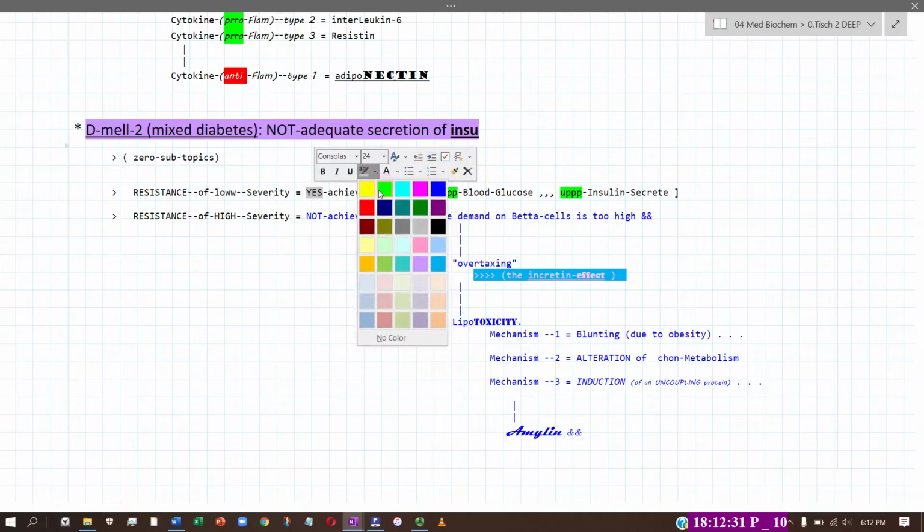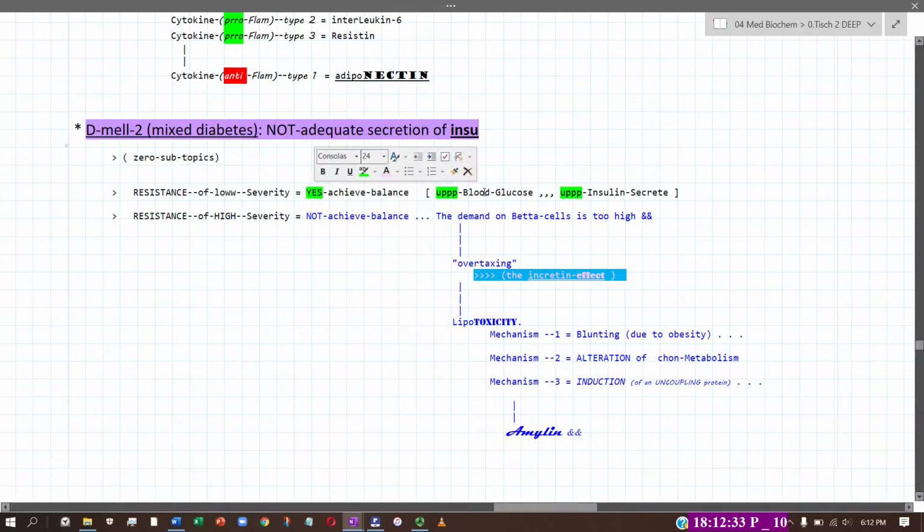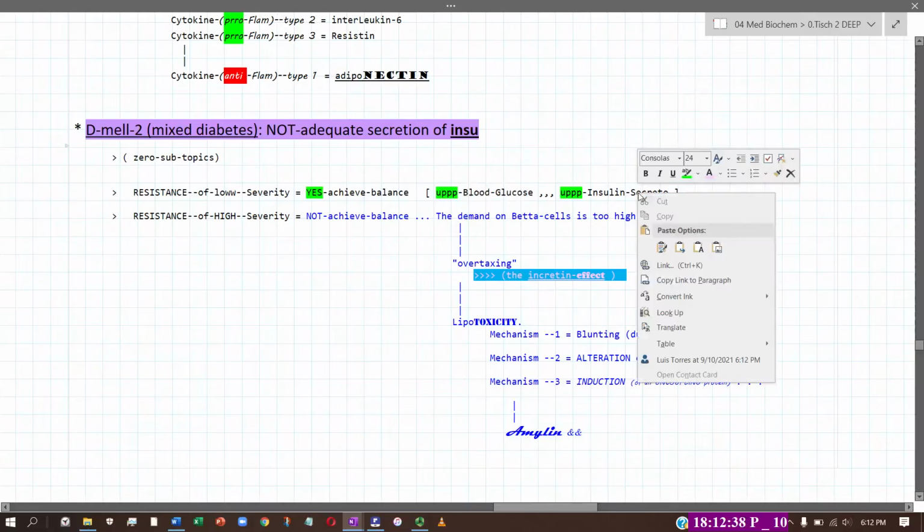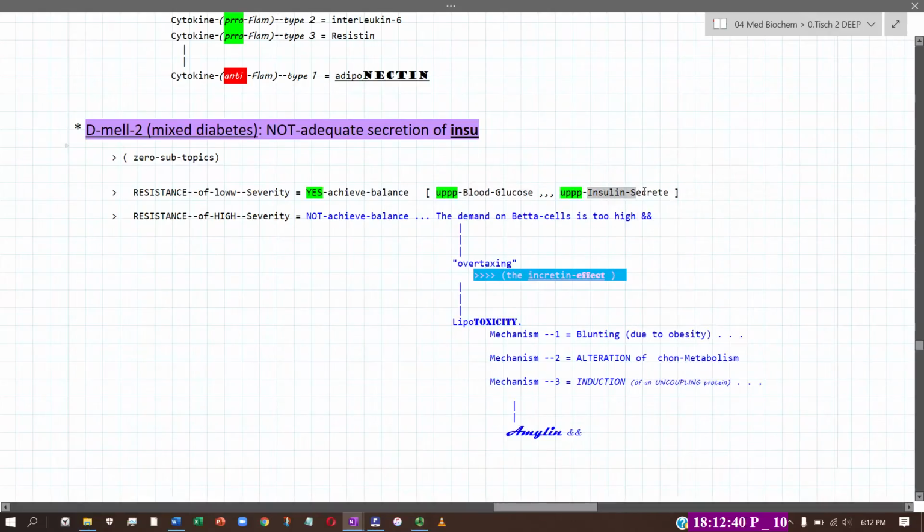And the balance is between two concepts: an increase in blood glucose, and an increase in insulin secretion. The demand created by hyperglycemia is properly met by an availability of insulin to be secreted.